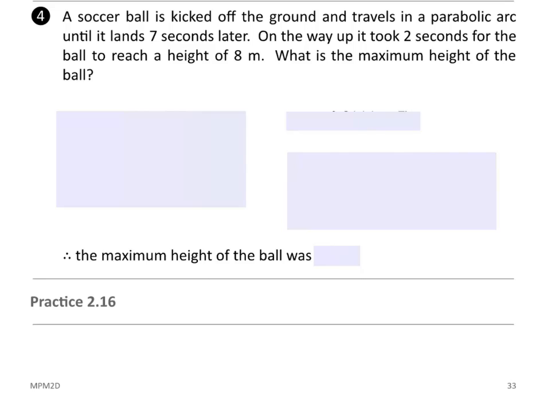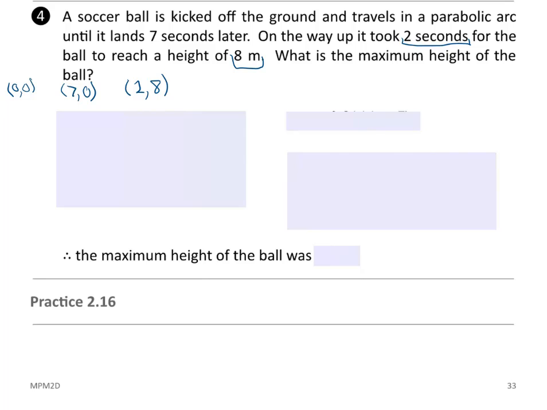So it's kicked off the ground, so we know it's going to start at 0, 0. It lands on the ground 7 seconds later. And we're given a third point, so at 2 seconds, the height was 8 meters. So we're given a third point here, which is 2, 8.